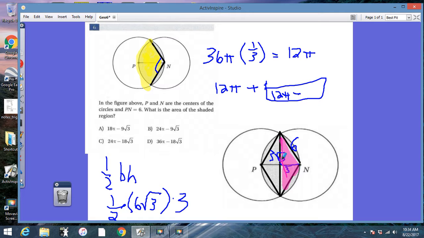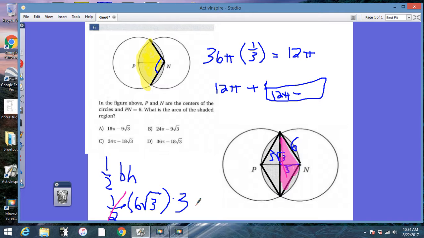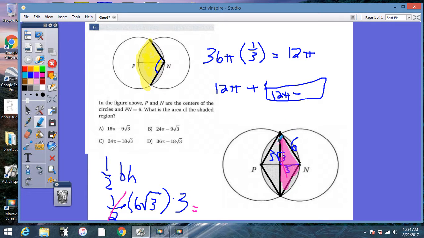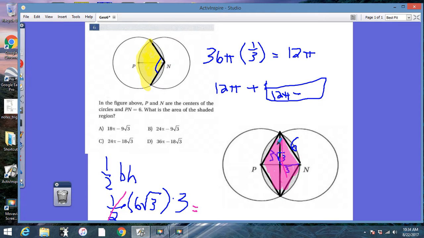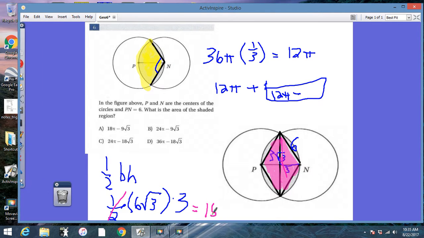To get the area of the parallelogram, we're going to double that. Since we have 1/2 here, we're going to multiply by 2, get rid of that. So the area of the entire parallelogram is now going to be 18 square root of 3.